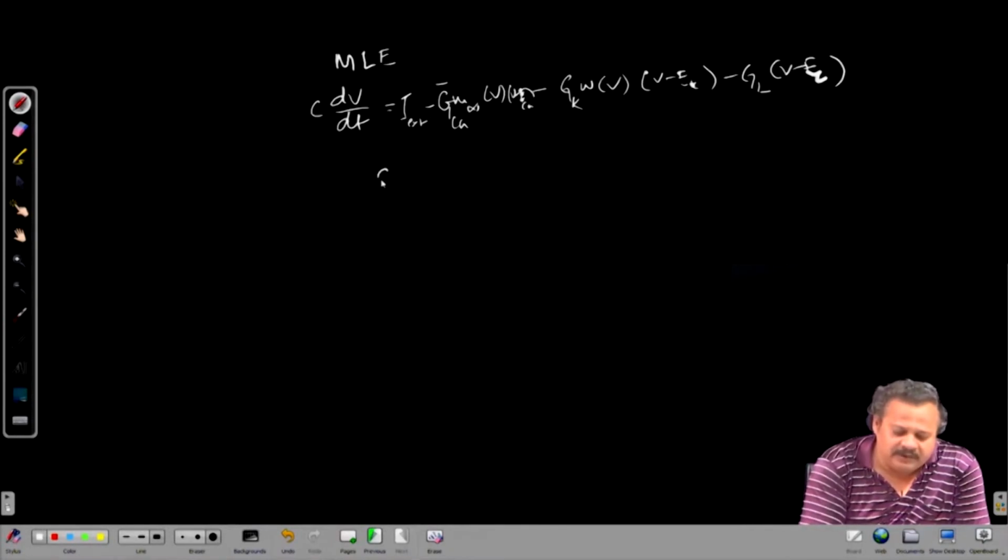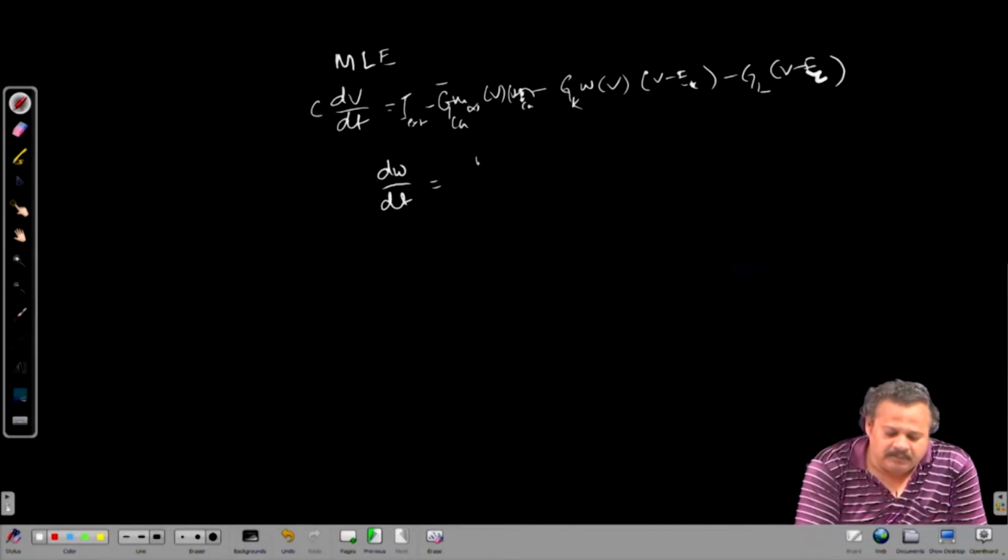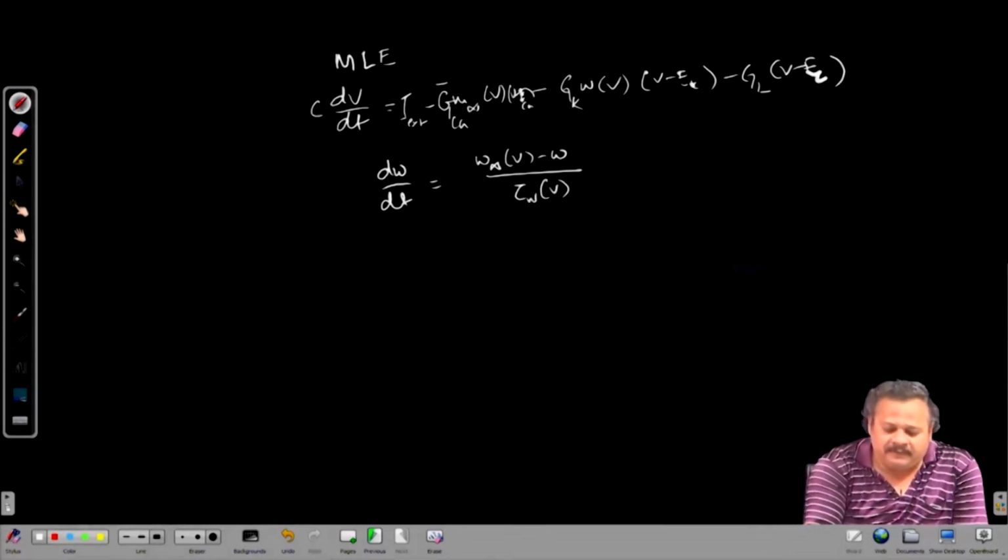And we of course have dw/dt equal to (w infinity(V) minus w) divided by tau w as a function of V. We have the functional forms of w infinity and tau w as a function of voltage.